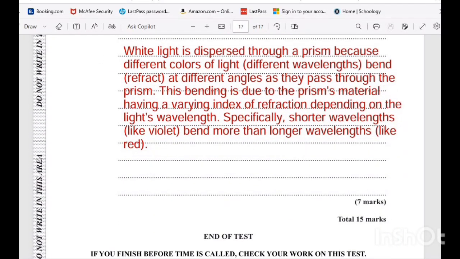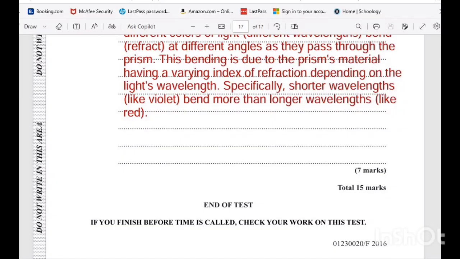So guys, that's the end of our paper. We saw topics like reproduction. We saw topics about acidity, acids, bases, and salts. We saw questions on electricity, questions on lighting, questions on digestion, respiration, the circulatory system.